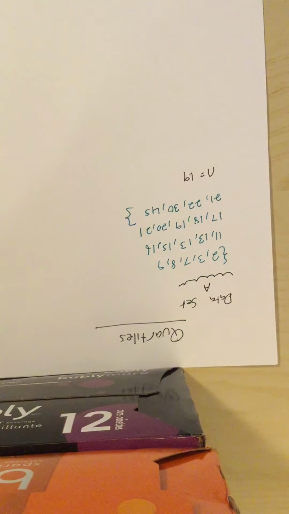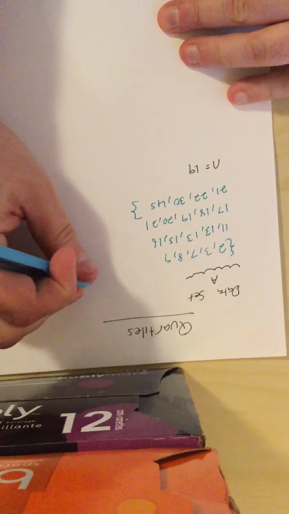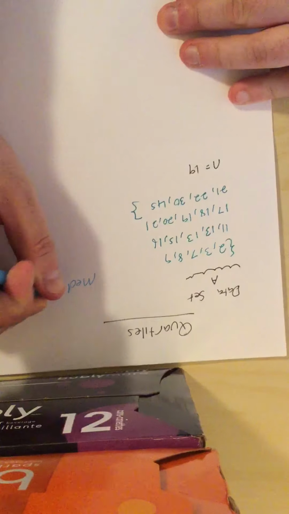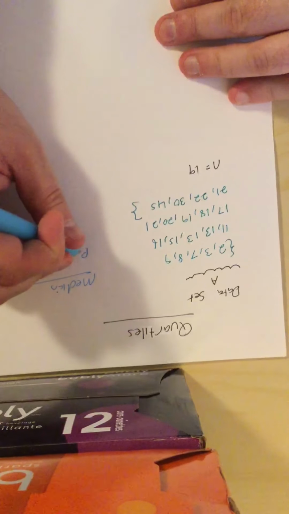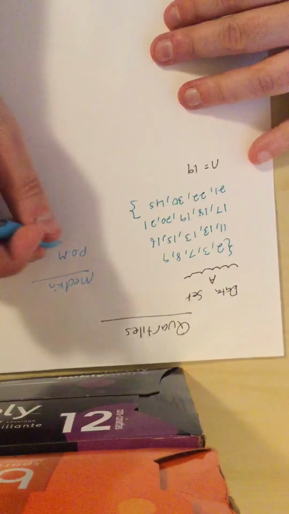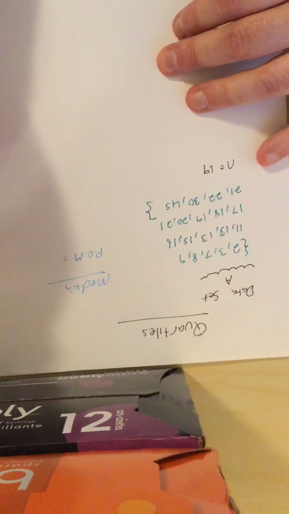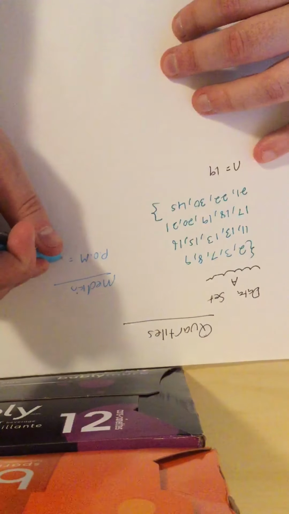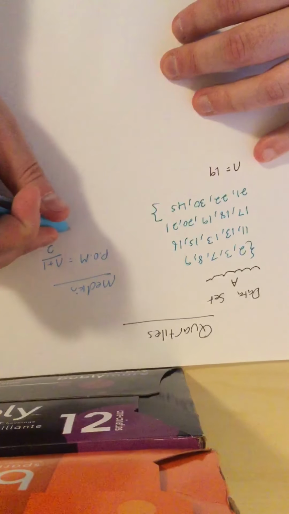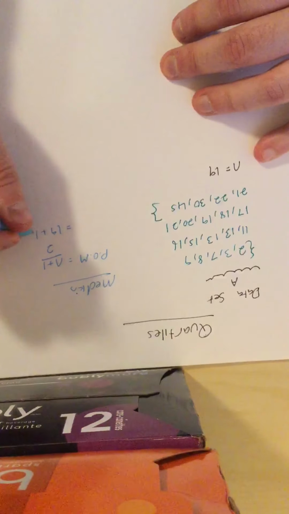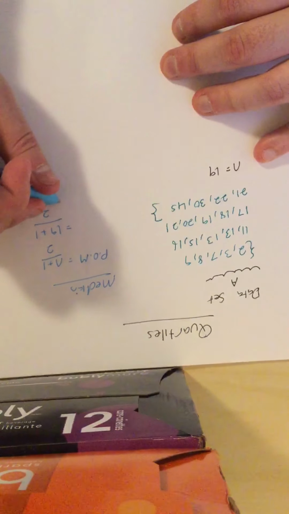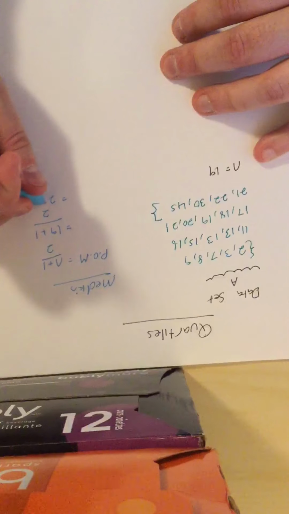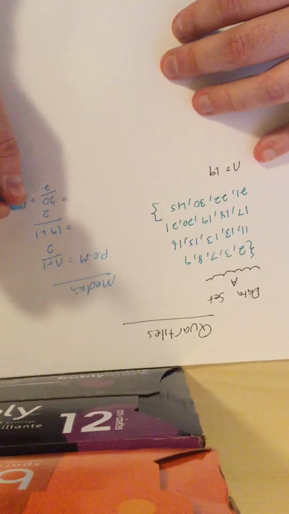And let's say I asked for the median. So I want to know what the median of this data set was. Remember we had the position of the median, and the formula that I gave you was n plus 1 over 2, which in this case is 19 plus 1 over 2, which is 20 over 2, which is 10.